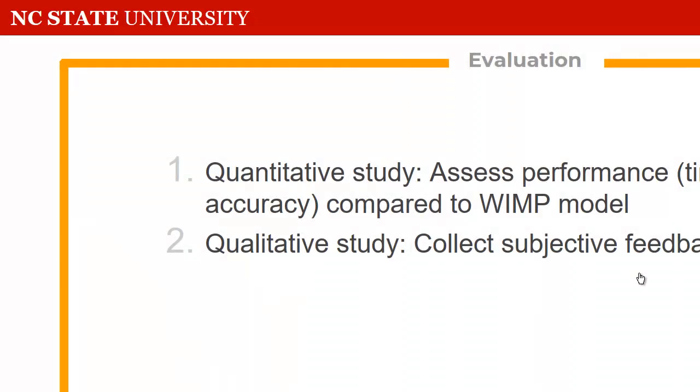So for the evaluation, they conducted two studies. The first one is a quantitative study, in which they assess the performance of the model compared to the widget-based models. The second one is a qualitative study, which is simply getting feedback from the users.